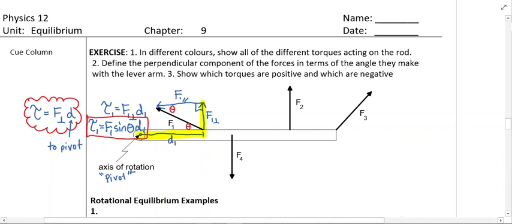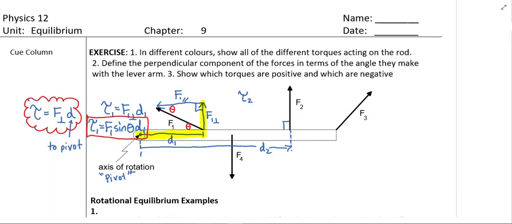If I go down to F2, it's a little bit simpler here because notice F2 is entirely perpendicular there. So if I label now D2 all the way to here, okay, it's going to be a simple calculation because the L is already there.